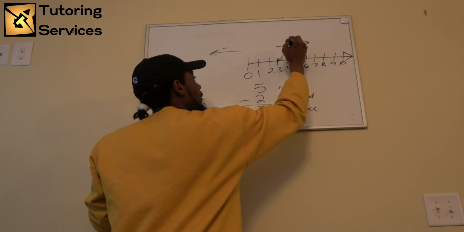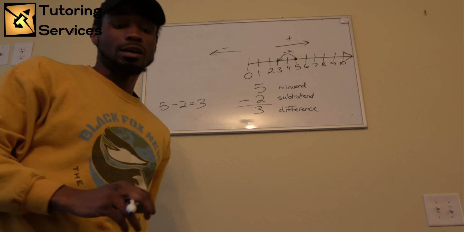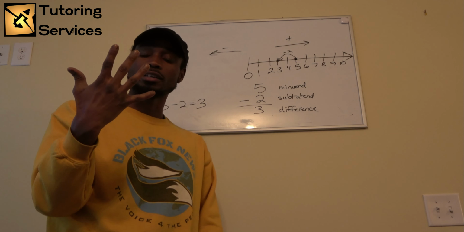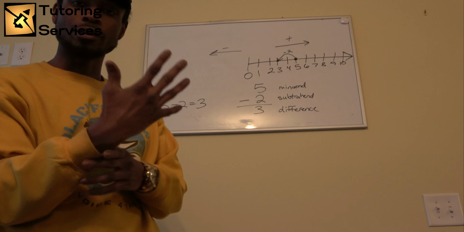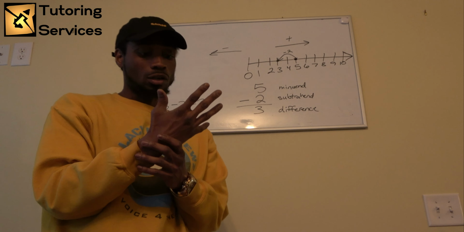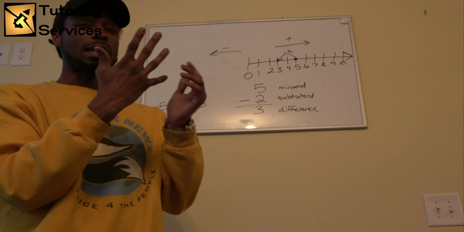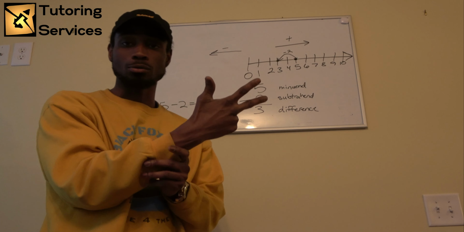And mind you, you can also do this with your fingers, of course. If I say, what is 5 minus 2? You start with 5 fingers, and you count by taking away fingers, and you'll get your answer. So I count 2 while I'm taking away fingers. 1, 2, and I end up with 3 fingers.